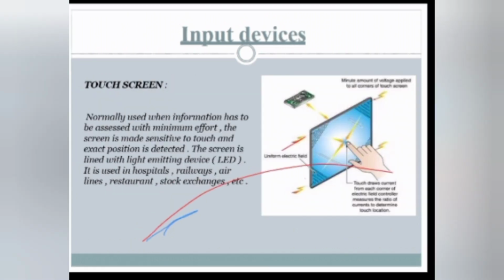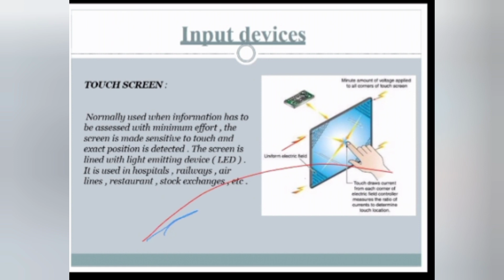Again we have the touch screen, and everybody is aware of the touch screen, I guess. In olden days they were not aware of touch screens, because now everybody is using touch screen mobiles and LEDs. It is normally used when information has to be entered with minimal effort. The screen is load sensitive to touch, and the touch position is detected.